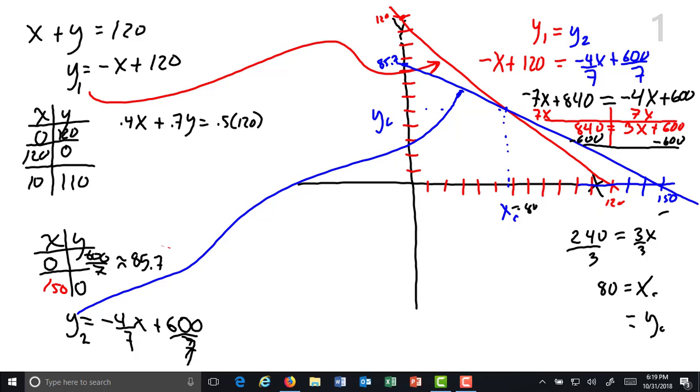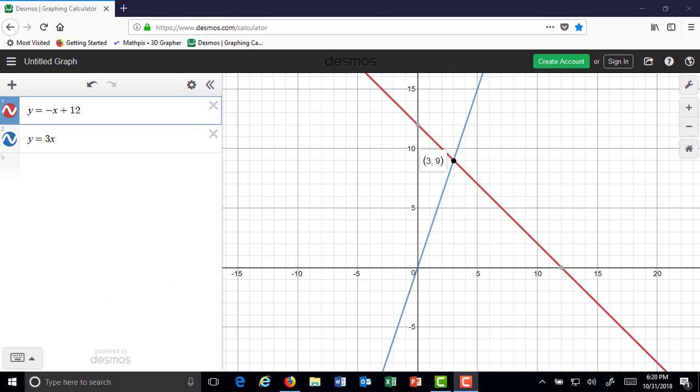So if you have the original equation, x plus y equals 120. You have 80. So we suspect this is y1 and there's y2, that the answer's right here. So we can check now right here. So we had y equals minus x plus, was it 120?